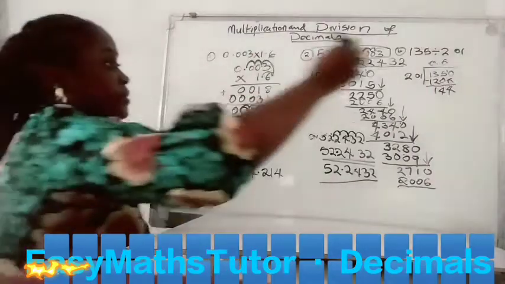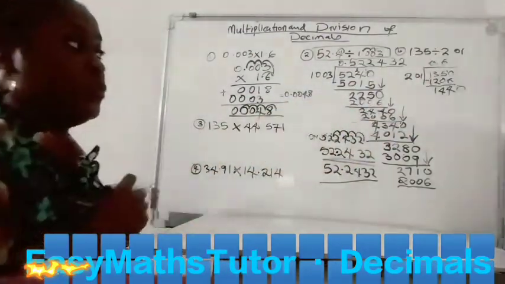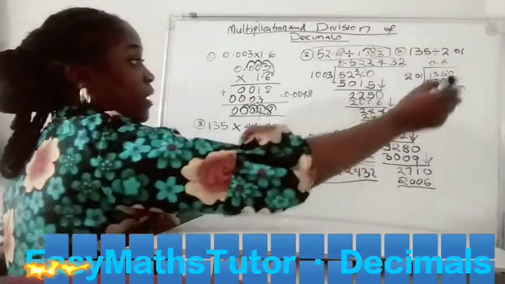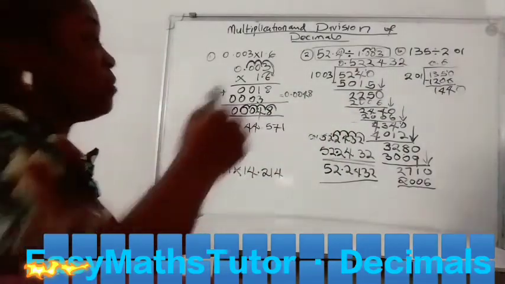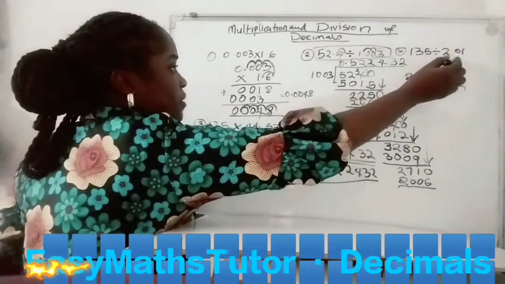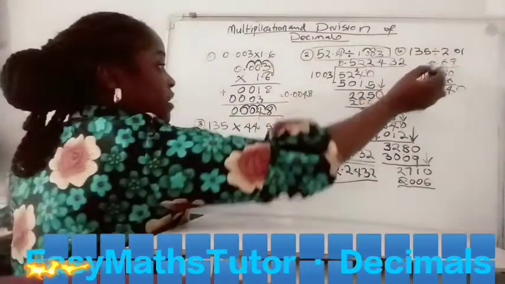Okay? Now we introduce a new 0 here. We introduce a new 0 there. So how many times will 201 enter here? It will enter here most probably 7 times. So let's multiply this.